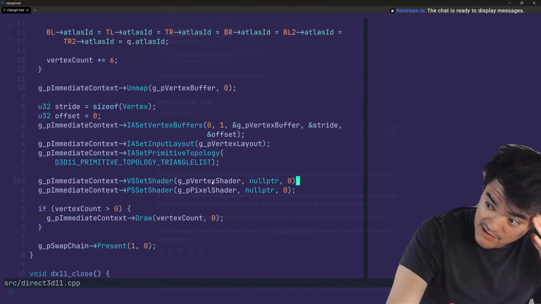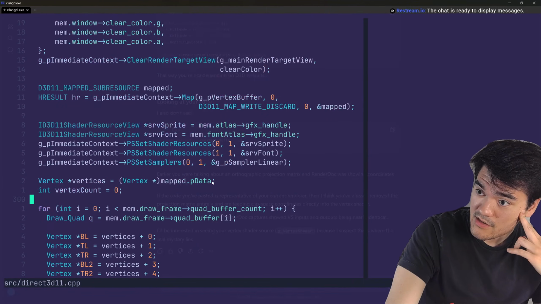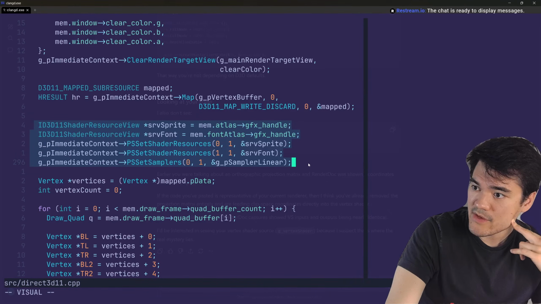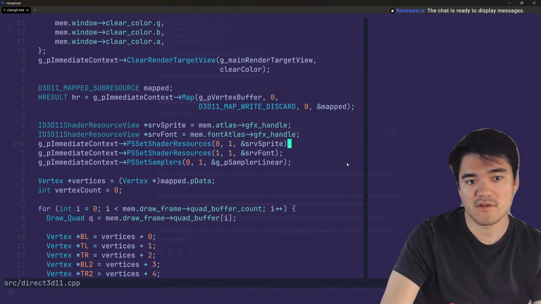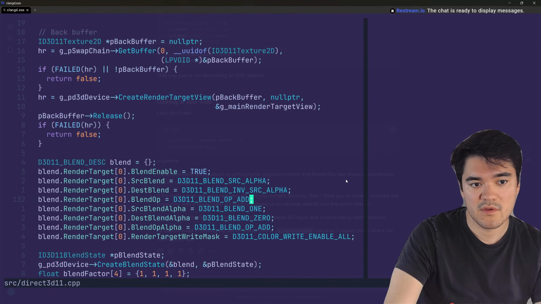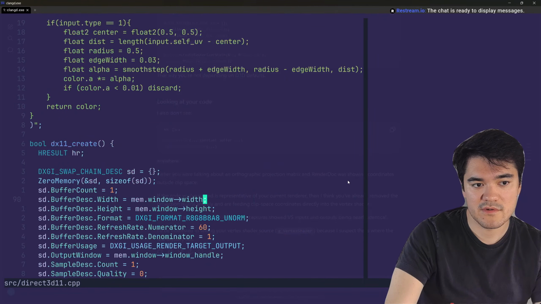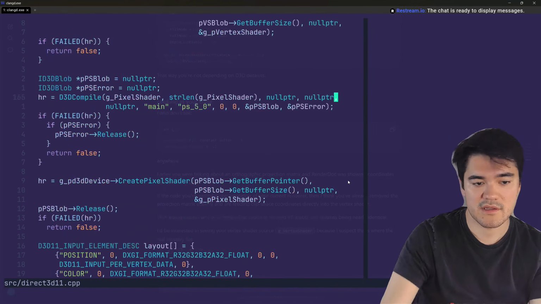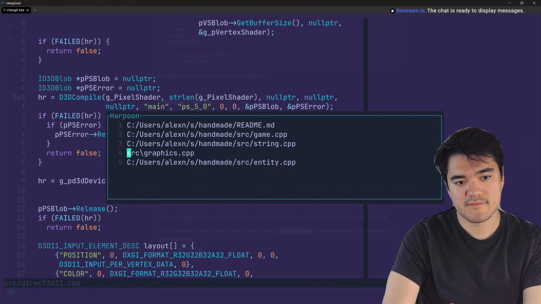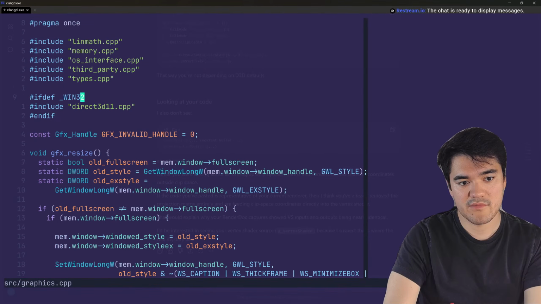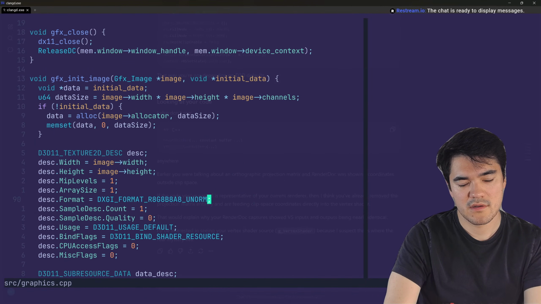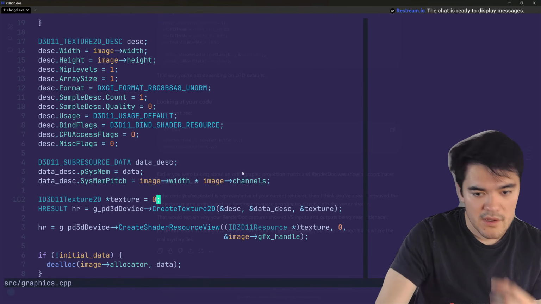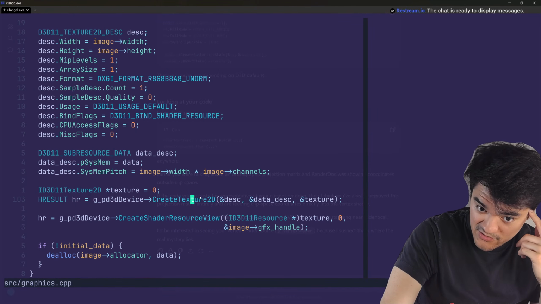I think it's very likely I don't need to do all this stuff, but I also imagine the expensive call is actually creating it, not here, but in here when we actually load it in, when we do the create texture 2D.